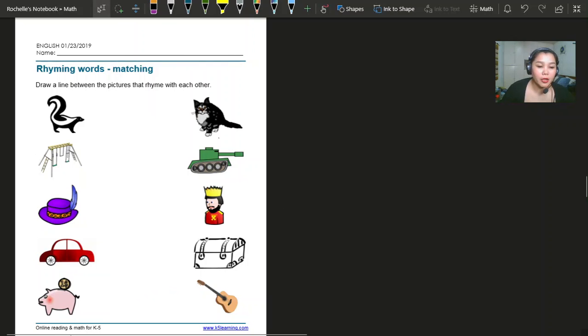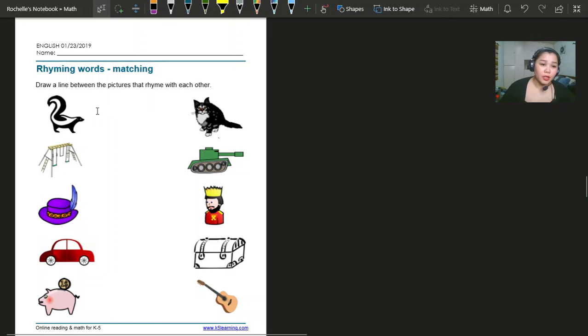So we have here 1, 2, 3, 4, 5 for the left column, we have 5 pictures, and on the other side, we have 1, 2, 3, 4, 5, also 5 pictures. So what we have to do is draw a line between the pictures that rhyme with each other.